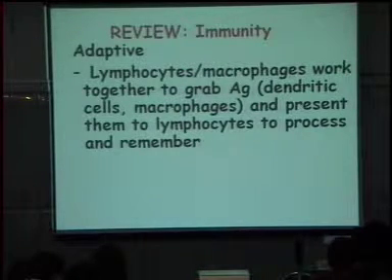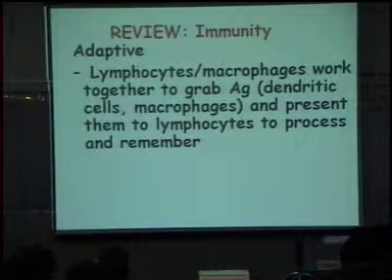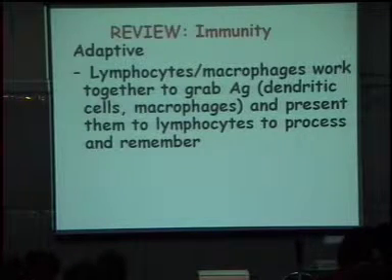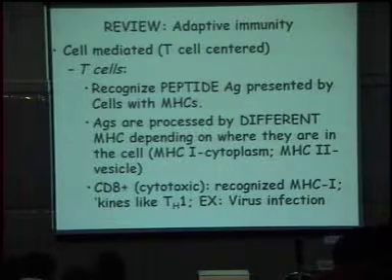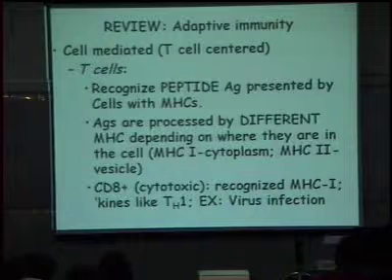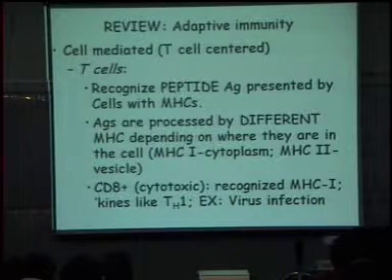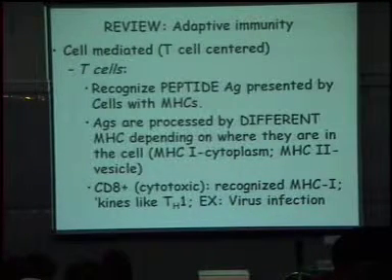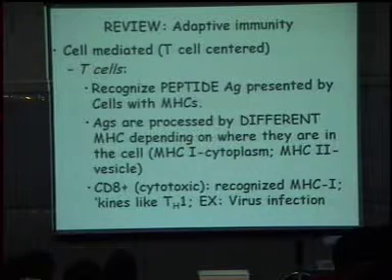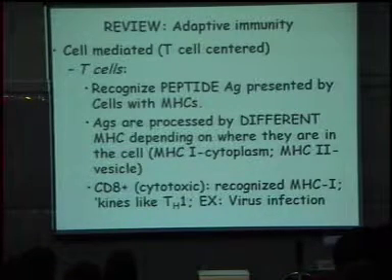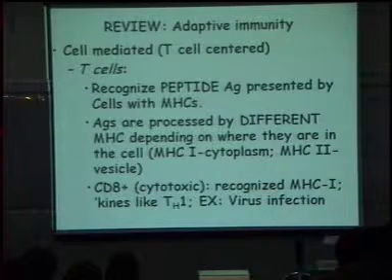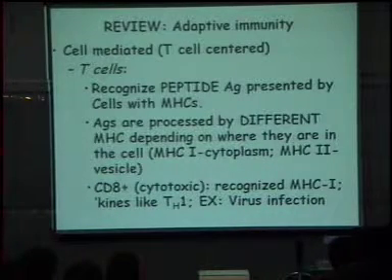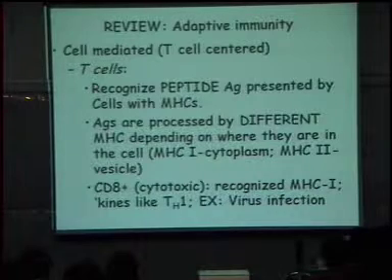Adaptive: macrophages and lymphocytes, again, working together to grab antigens, present them to lymphocytes, and remember them when they come back. That's all about adaptation. That's fairly straightforward. So adaptive immunity is really terribly complex, all right? And this is my version of making it a little clearer, and you'll need to get more details on your own, all right? T cells and B cells work together, but cell-mediated immunity is T cell-centered.